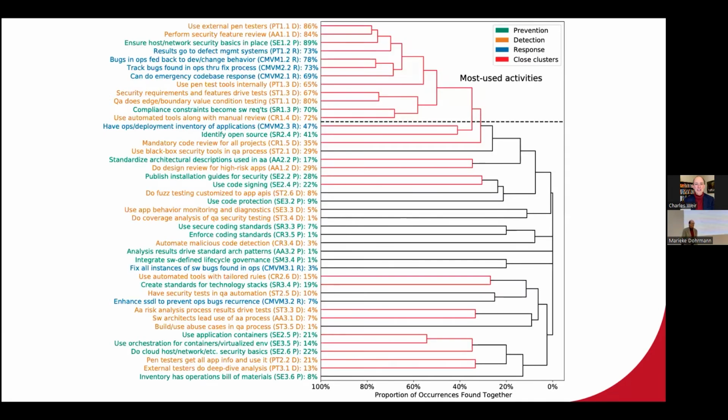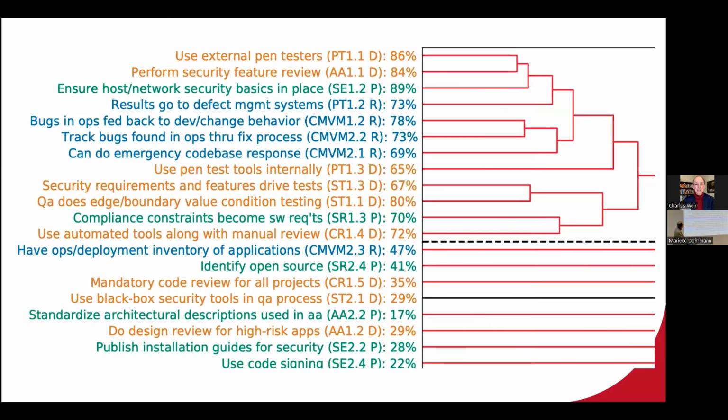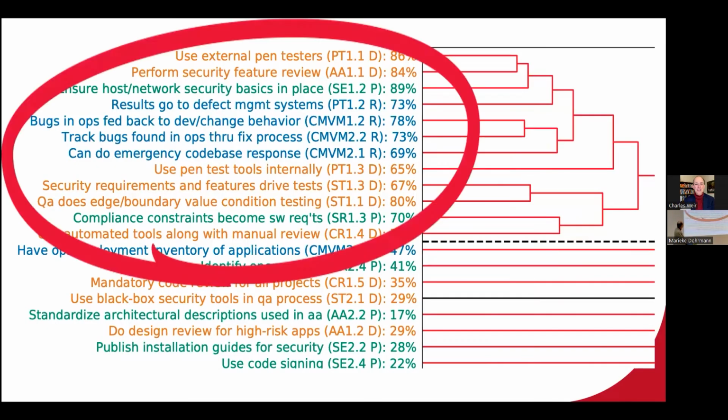My favorite conclusion was trying a cluster diagram to see which activities tended to be used together. And what we found was that you seem to get little clusters of things that people were doing together. And in particular, there was one set of things, up here, that seemed to be done by almost everybody.